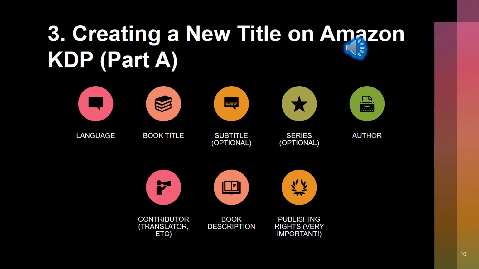It's not necessary. All right, so this is very important now. The author name. So what you do is go back to the manuscript, open it again, and get the author name. Go back and get the author name from there. If you scroll down, you see the author name is actually St. Augustine.